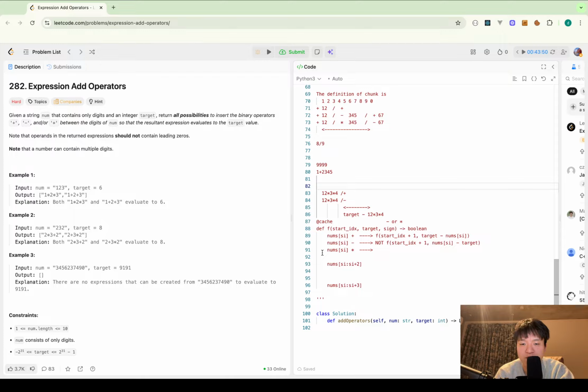Yeah, 2 to the 10th is just 1000. So actually maybe I can try every possible way, like inserting plus or minus or multiplication here, here, here, here. Yeah, I can try it.